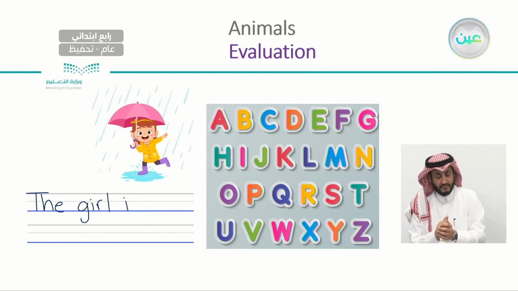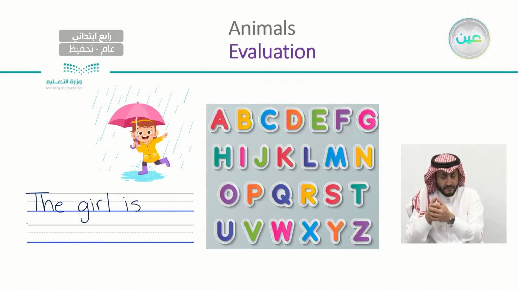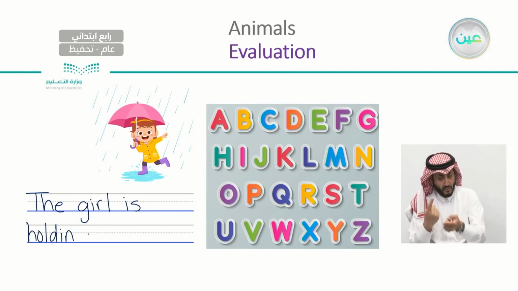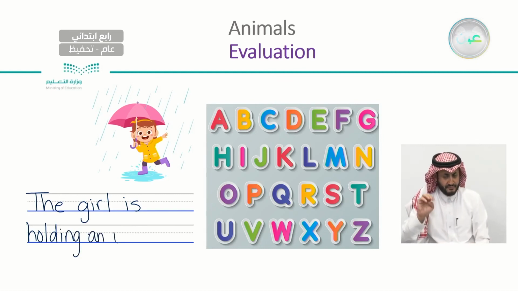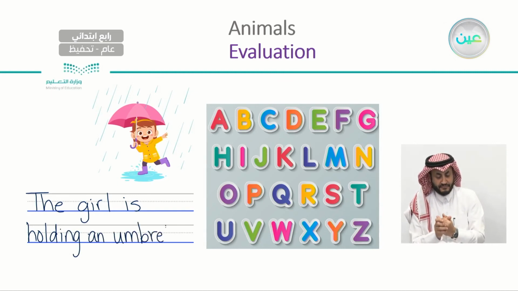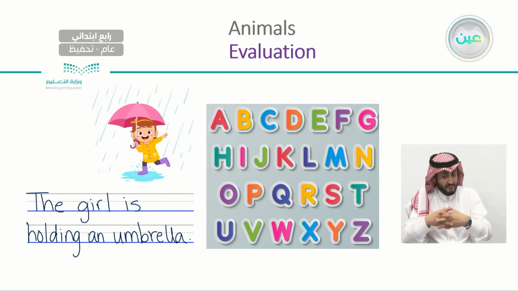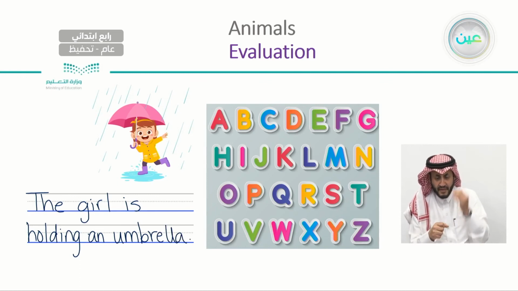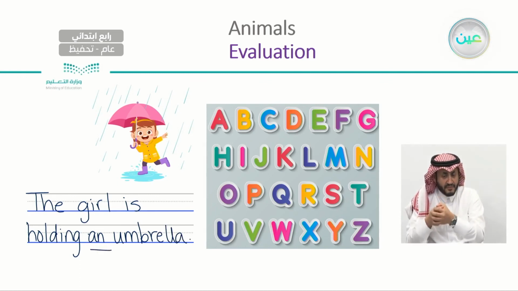The girl is holding an umbrella. Umbrella. Excellent. I connected my L's together. Okay, let's read the sentence together. The girl is holding an umbrella.